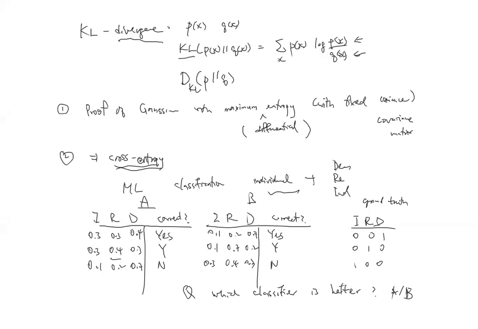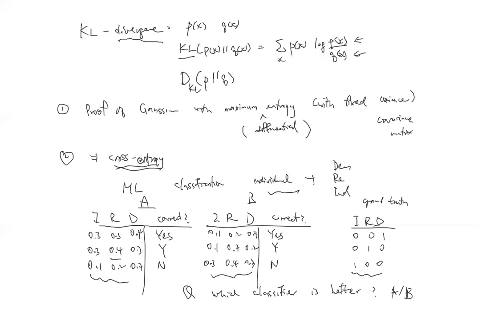So to compare these two classifiers, one thing we can do is simply look at the score here, and both scores can be considered as probabilities, right? And here the ground truth is also a probability distribution, even though it's 0 or 1, so more or less deterministic.